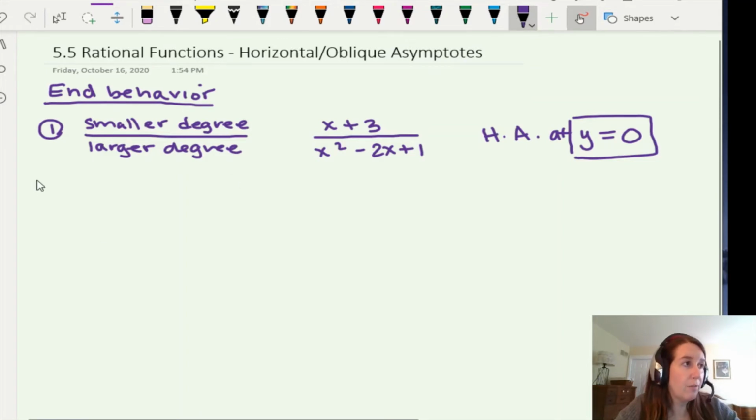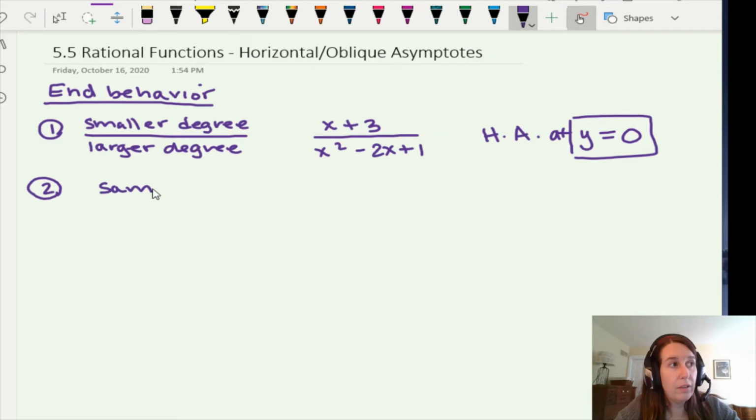Our second possibility is we have the same degree on the top that we have on the bottom.